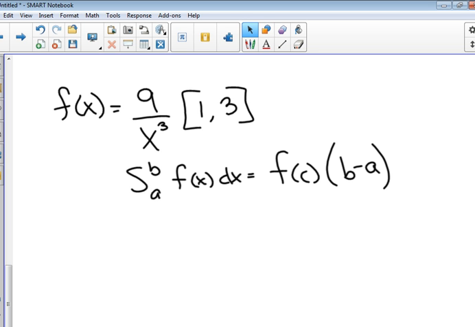Negative 3, right? Now we integrate this to 9x to the negative 2 over negative 2. That's the bottom part. That's 1.65. Nice, totally right. Good job.